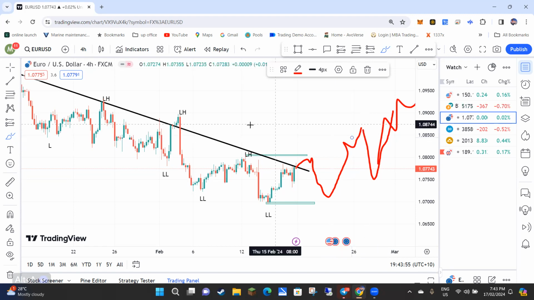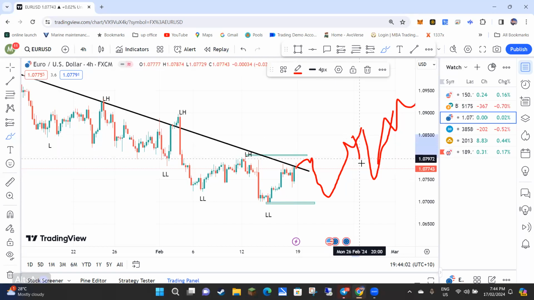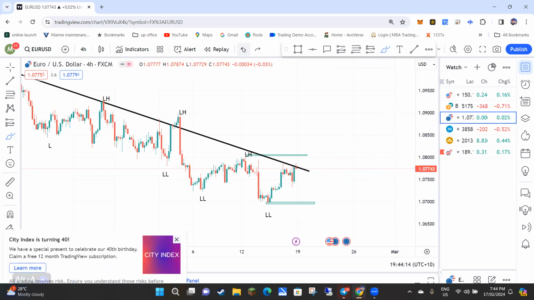But what you should understand by looking at this market structure is that if we've already formed a higher high, there's a good chance that the market's going to pull back a bit and form a higher low before then going up and forming a new higher high and higher low and higher high. Let's get rid of all that mess. So just because it forms a higher high, the smart thing to do, the patient thing to do, is to wait for that pullback before then trading upwards.